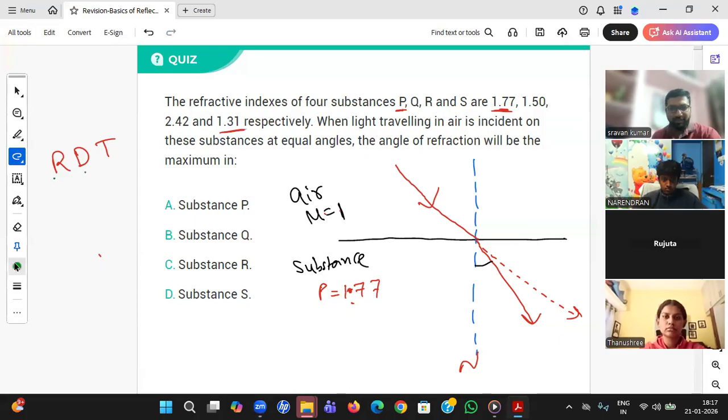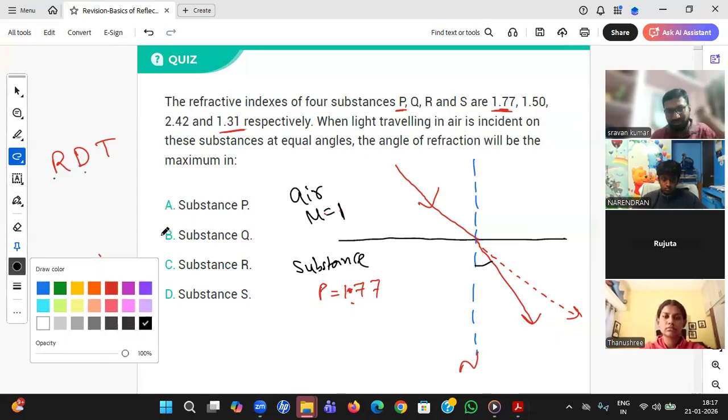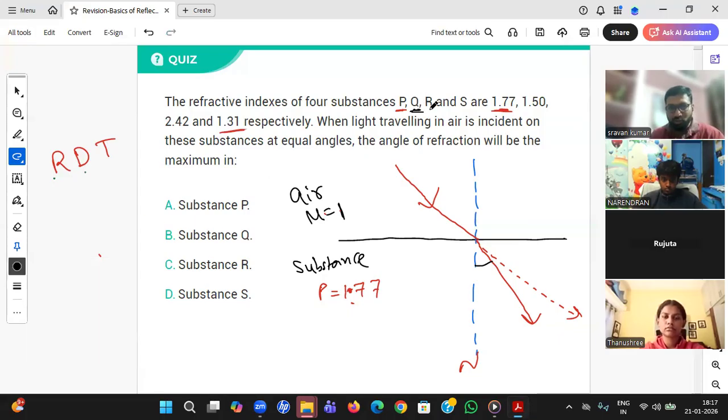Okay, but you take the scenario of next, 1.50. So here also you should say, sir, 1 to 1.50, rarer to denser. Black color is going at the same angle. So in spite of red, I am taking black now. It should bend, student.